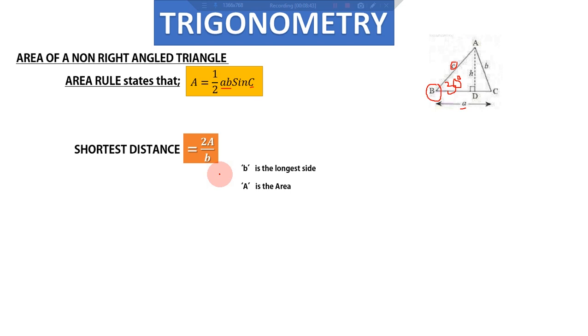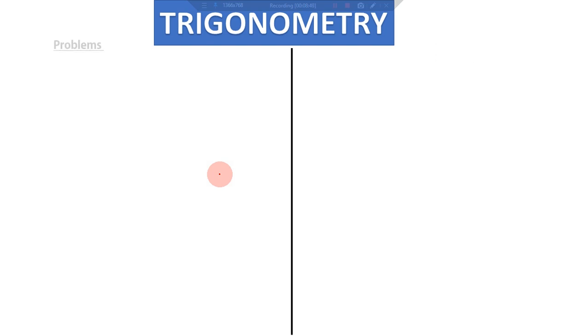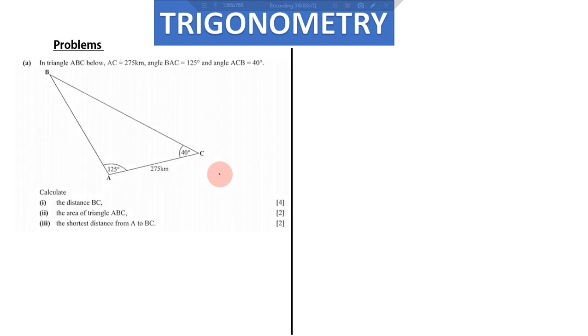Now, since we've known those formulas, let's go to a practical, examinable question under trigonometry. We'll have 3 questions that we are going to answer using those formulas we were just talking about.